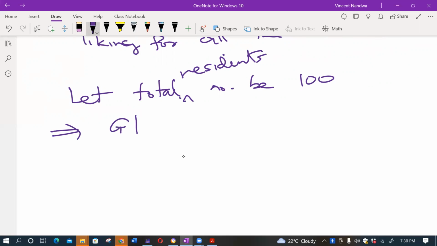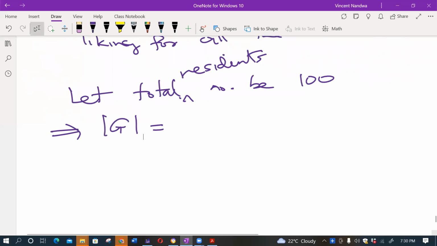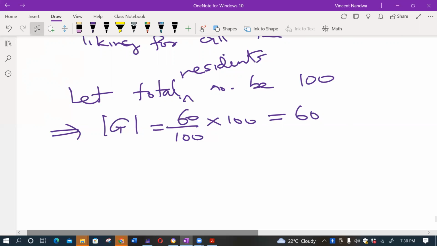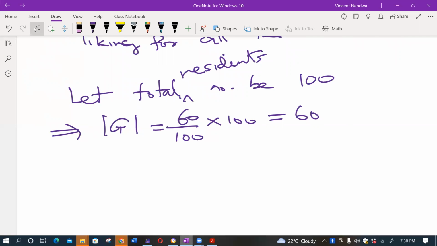So those who can speak German, 60%. So 60% of 100 is 60. And then those who can speak French, 50%.